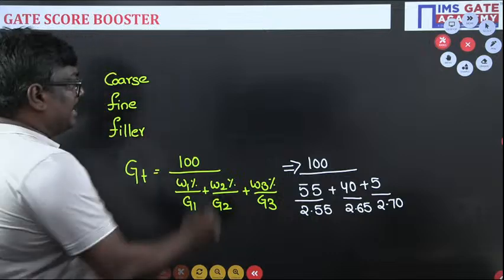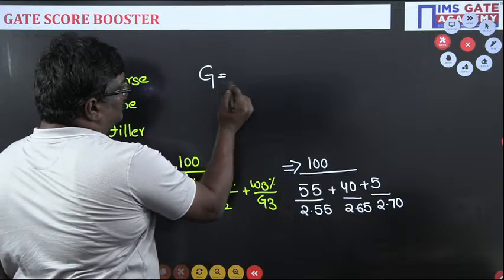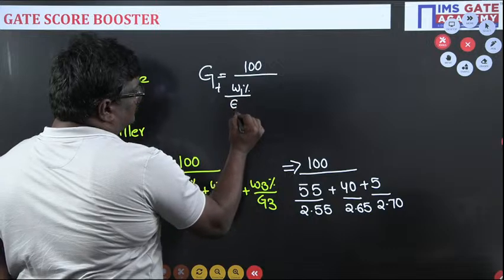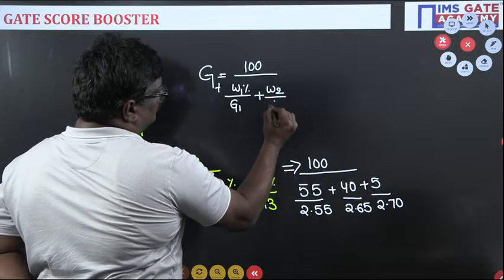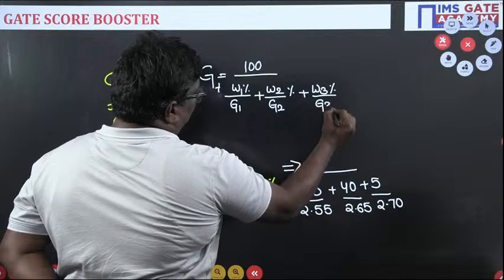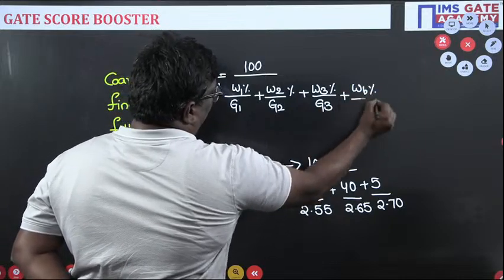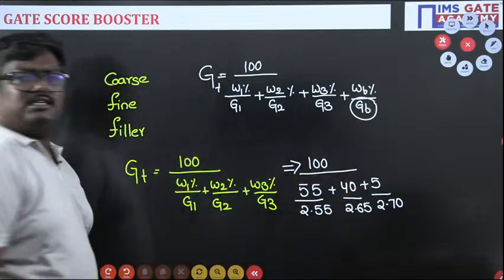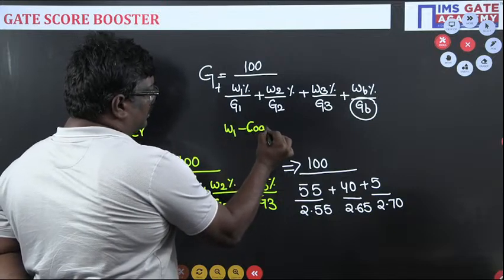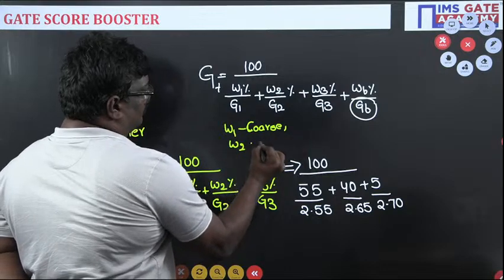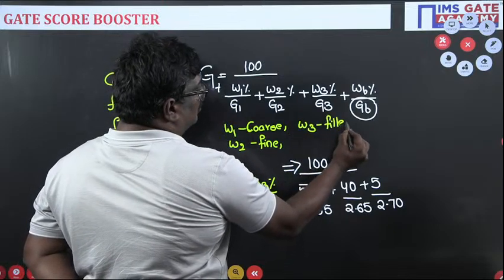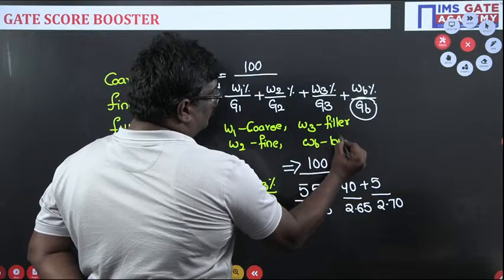If there is bitumen also, the actual formula for the theoretical specific gravity is 100 upon W1 percentile by G1 plus W2 percentile by G2 plus W3 percentile by G3 plus WB percentile by GB. Here, W1 is the weight of coarse aggregate, W2 is the weight of fine aggregate, W3 is filler and WB is the weight of bitumen.